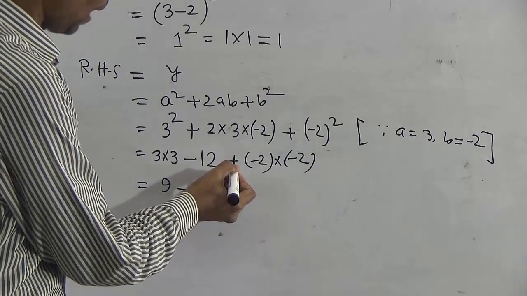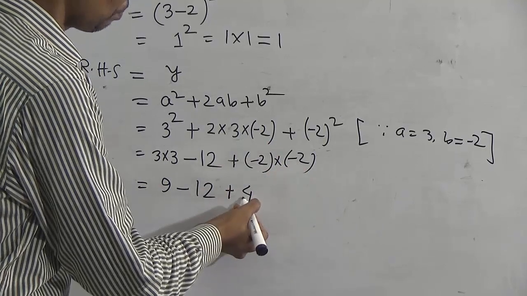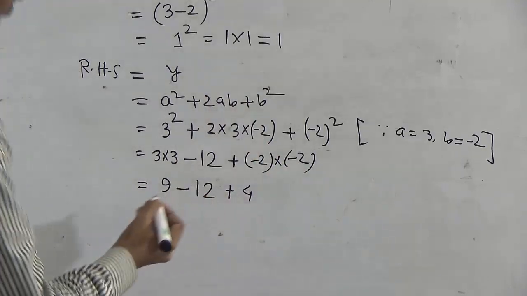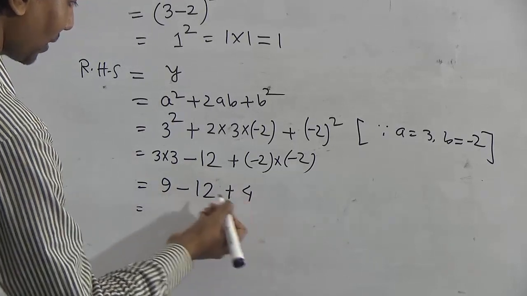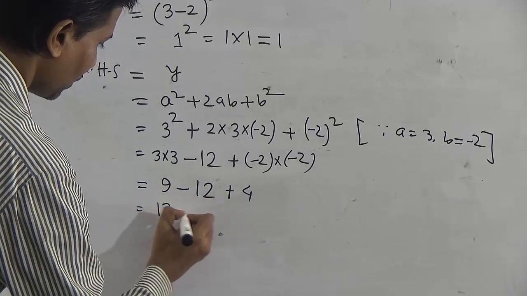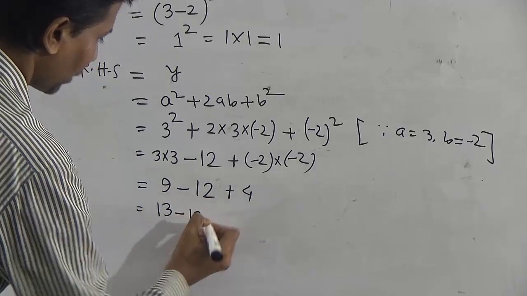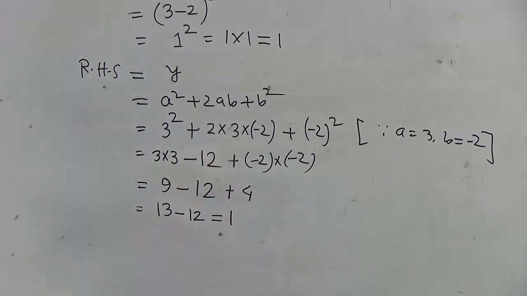I repeat again, plus minus a minus, then minus minus a plus. Now write here 9 plus 4, this is at first. Then 9 plus 4 is equal to 13 minus 12. 13 minus 12, this is equal to what? This is equal to 1.